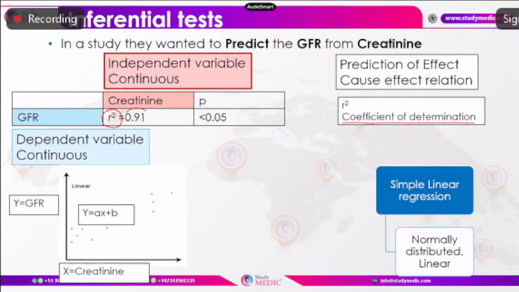For example, R square is 0.91, meaning 91% of the change observed in GFR can be explained by the changes seen in creatinine. The rest 9% of the change observed in GFR could be due to something else. Or it can also be a test for the fit of the model, whether the model is fit enough. So the R square value is the coefficient of determination.